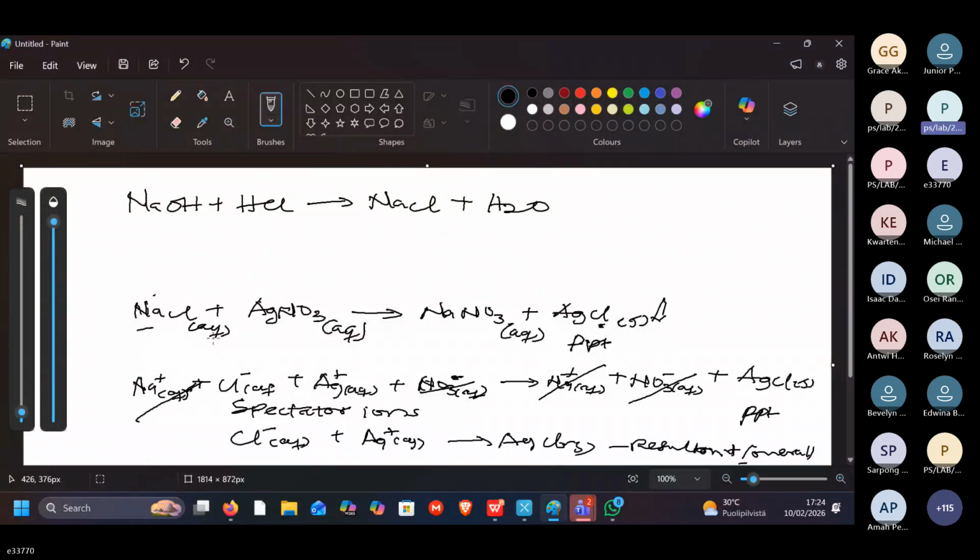Yeah, arsenic oxide. Arsenic oxide is not a semi-metal. Arsenic is a metal. So arsenic oxide is an ionic compound.